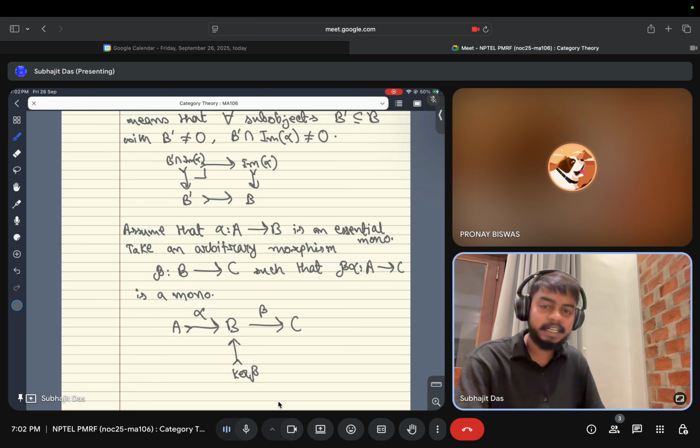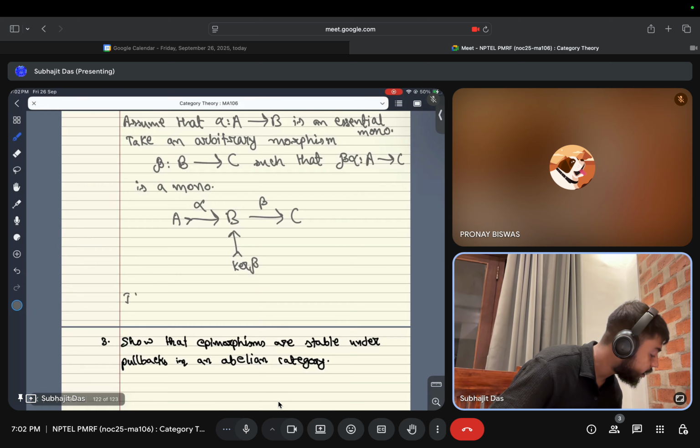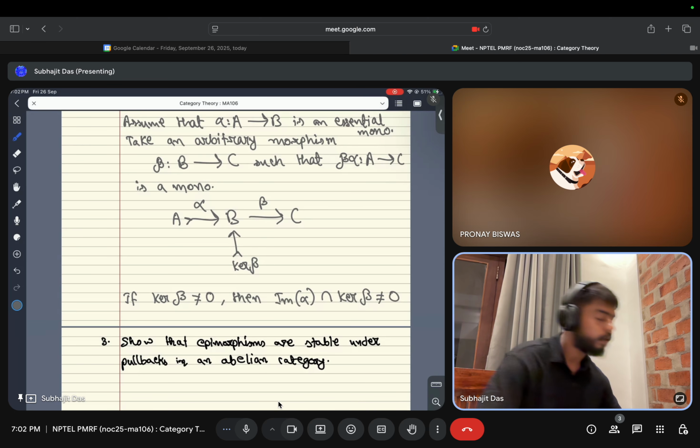Unless kernel of beta is 0. So if kernel of beta is non-zero, then image of alpha intersection kernel of beta is non-zero. Okay.